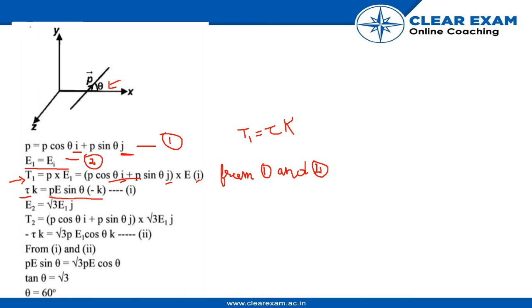So now we have to find the second torque. For that we just use the same formula, the dipole moment P into E2. As we know the relation, E2 is equal to root 3 E1.